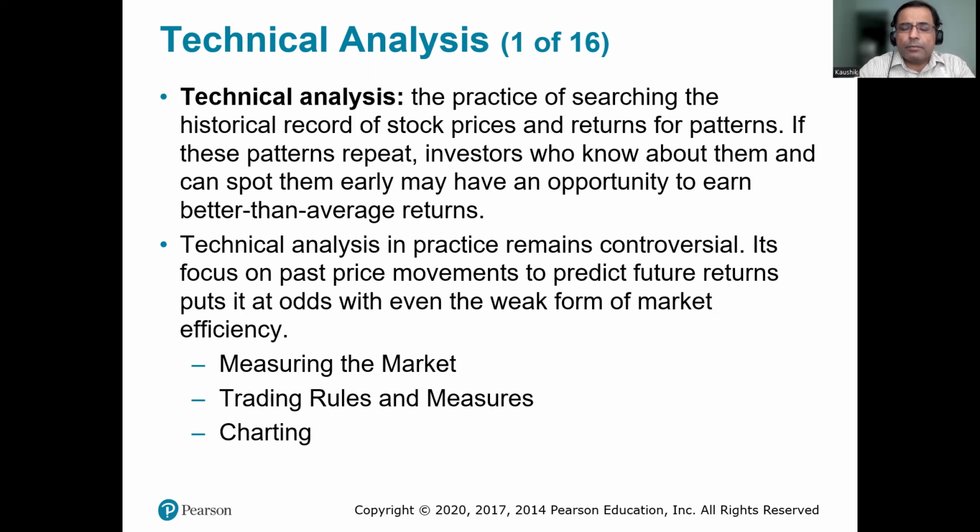And it says that these trends will continue in future and we can accordingly take decisions about buying or selling a particular stock. So this approach is in contradiction with the weak form of market efficiency, which says that we cannot use past data to predict future price movements and hence earn abnormal profits.